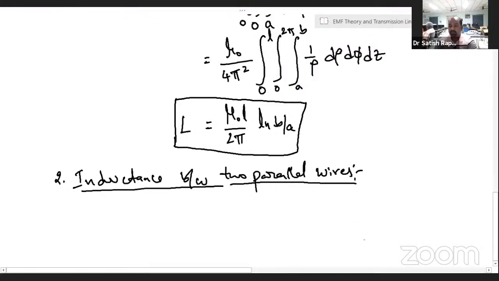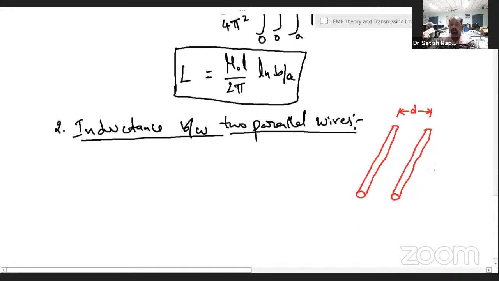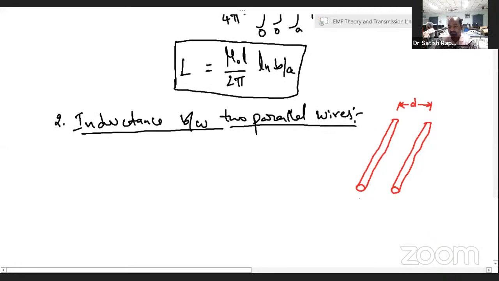So two parallel wires, same type of wires. Let us say this is one parallel wire, and another parallel wire, and assume that these two are separated by a distance d.